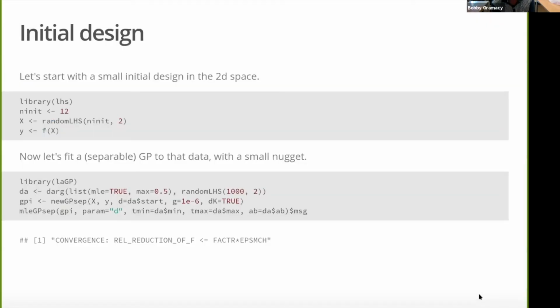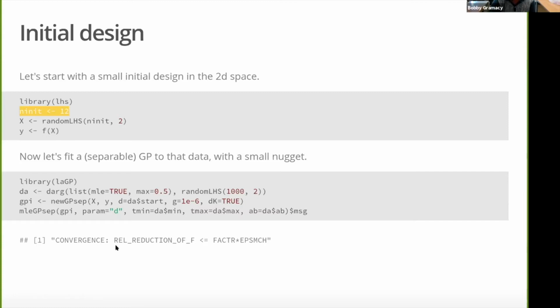Okay, now I want to execute the idea that I wrote in pseudocode or in a bulleted list on the second slide, I think. So I'm going to evaluate the function at a small number of inputs in the input space kind of uniformly. So I'm going to take 12 inputs to start with.